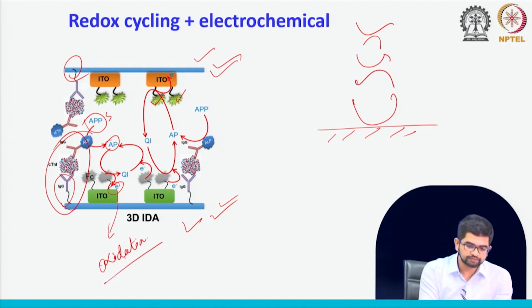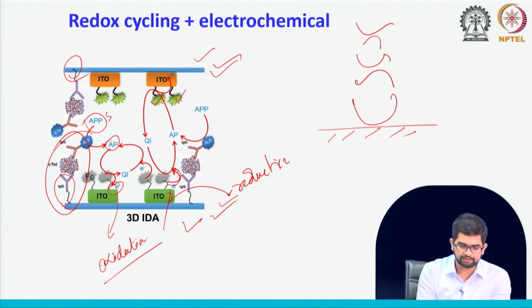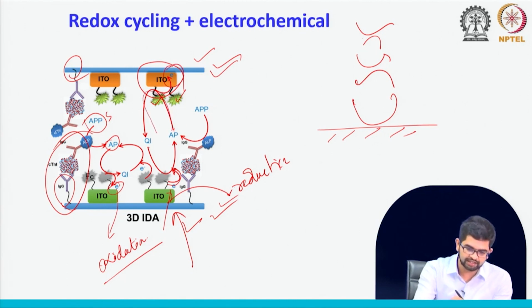And here, we are giving some electron, so reduction happened here. Reduction means electrochemically we are reducing. In this electrode AP is oxidizing, and here it is reducing, which means we do not need any extra reducing agent.